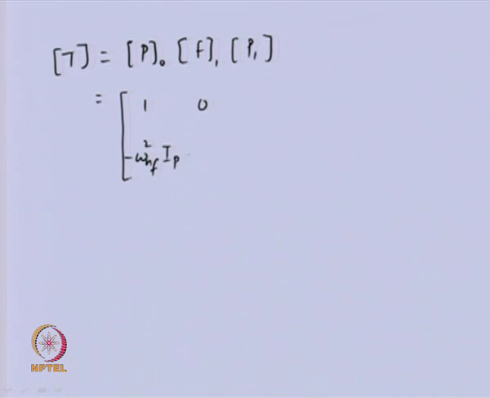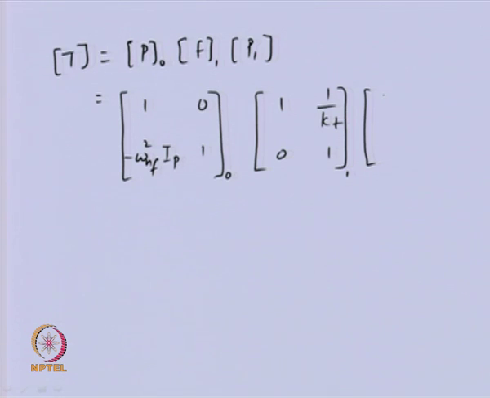So this is the point matrix for 0 station. Field matrix is having this form for shaft 1.